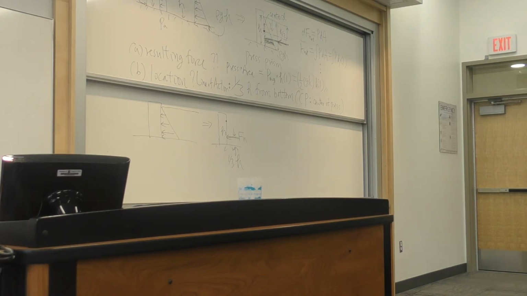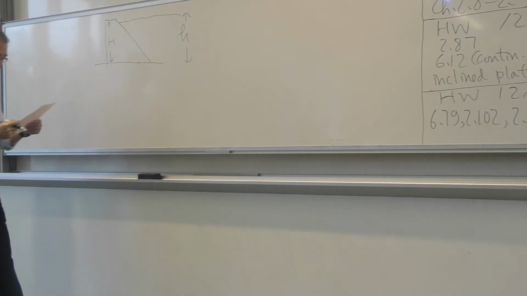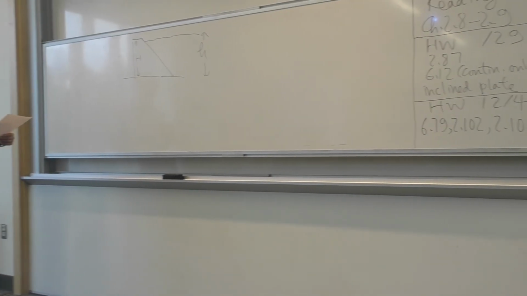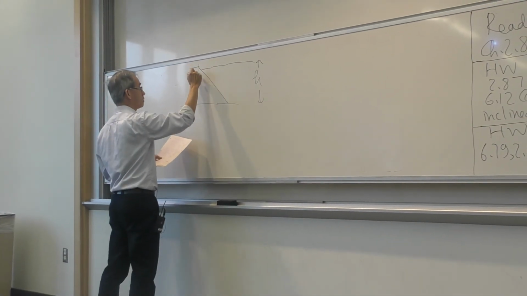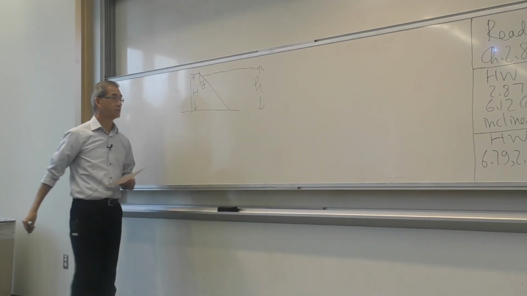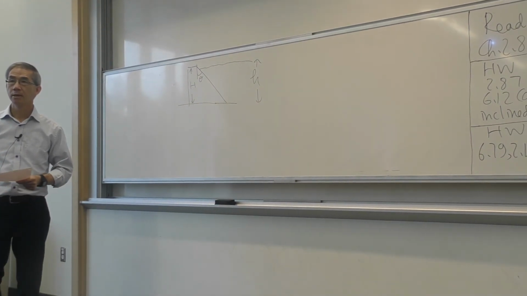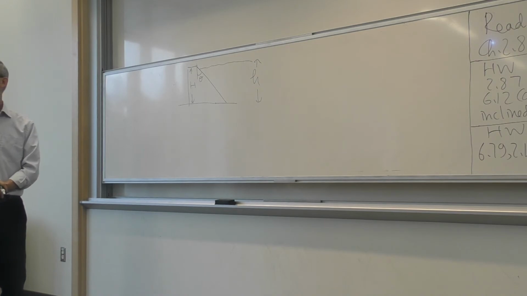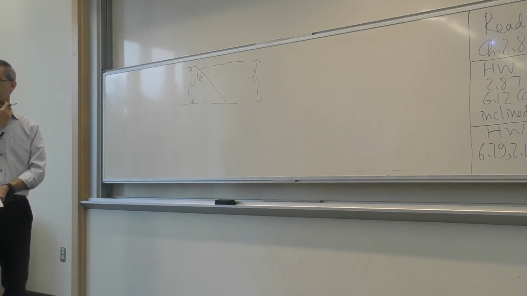And where the depth of the water is still h, the height of the dam is still cap h. And I have this angle here called theta that tells me how much the wet surface is inclined. Can you see the difference between the two geometry?